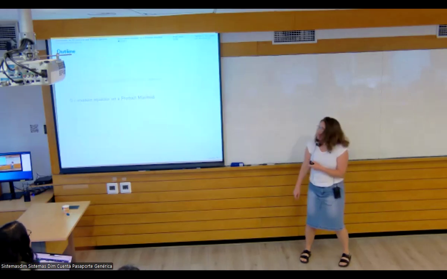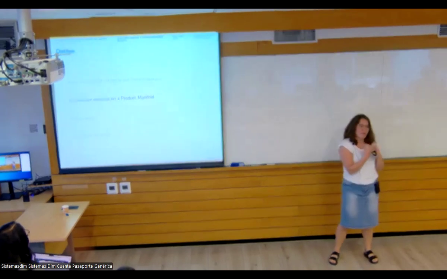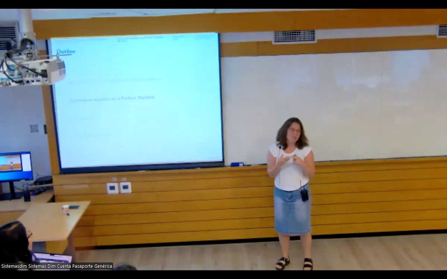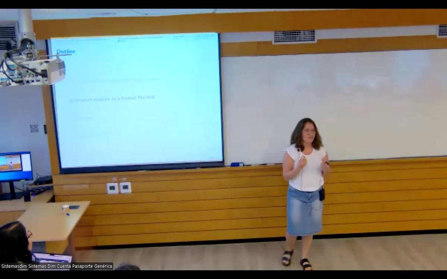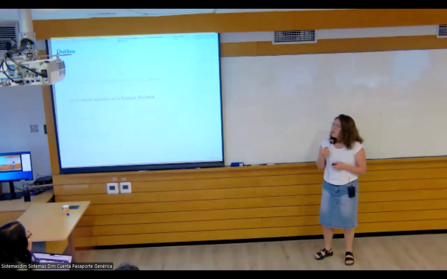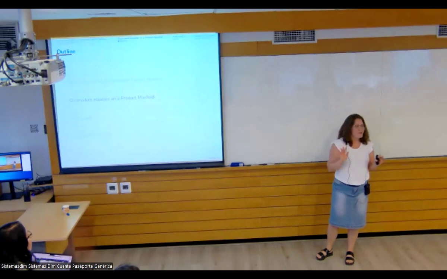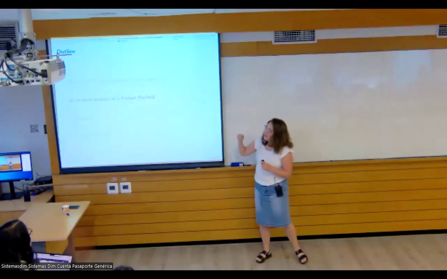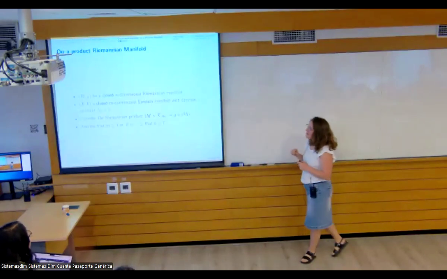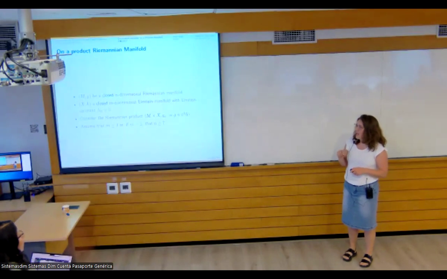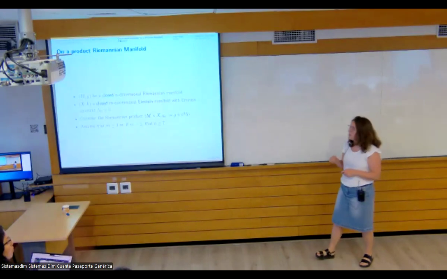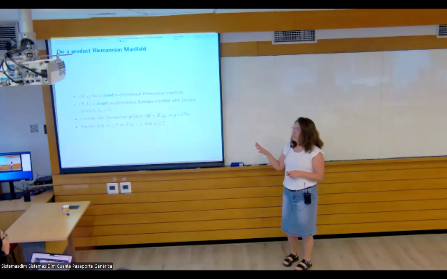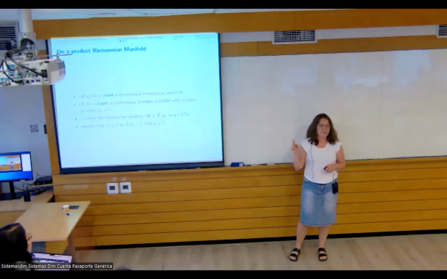Well, so we have three main problems: the lack of compactness, the lack of maximum principle, and we don't know if there is a solution. To avoid these problems, we are not going to solve them, but we are going to avoid them. We will work on a product manifold. So we will consider M a closed m-dimensional Riemannian manifold, X a closed n-dimensional Einstein manifold with positive Einstein constant.